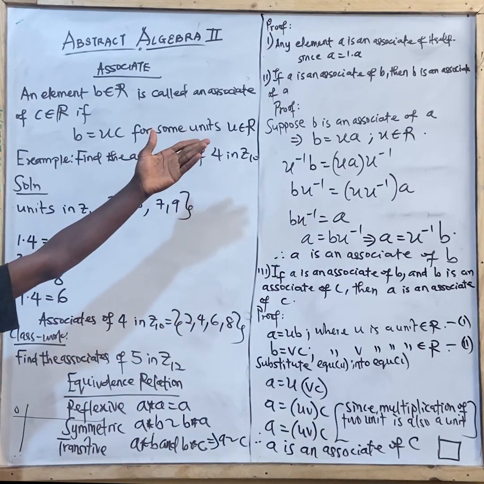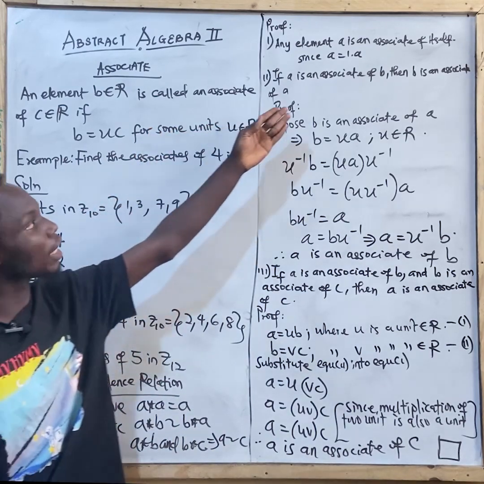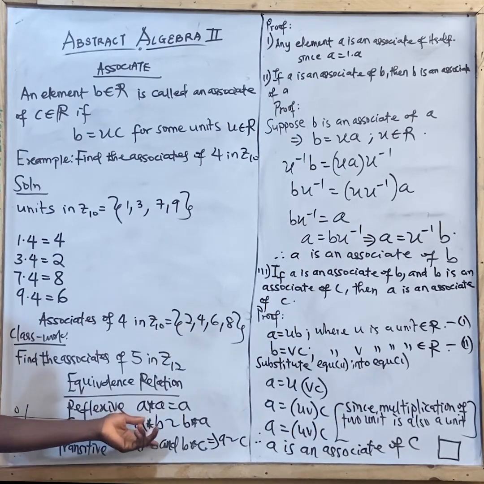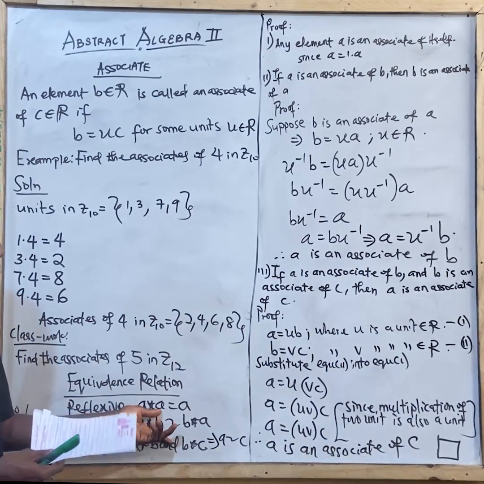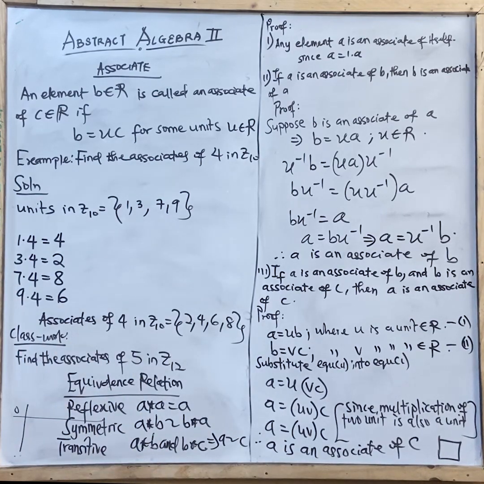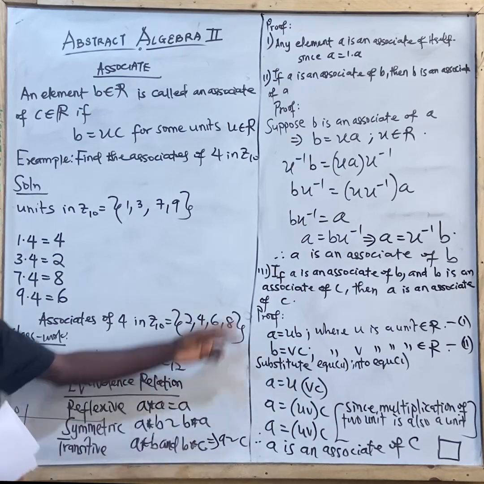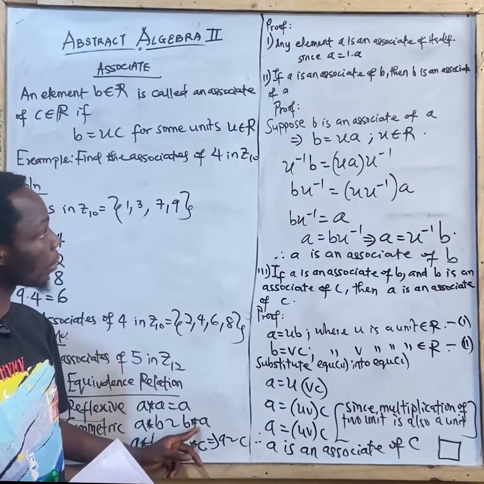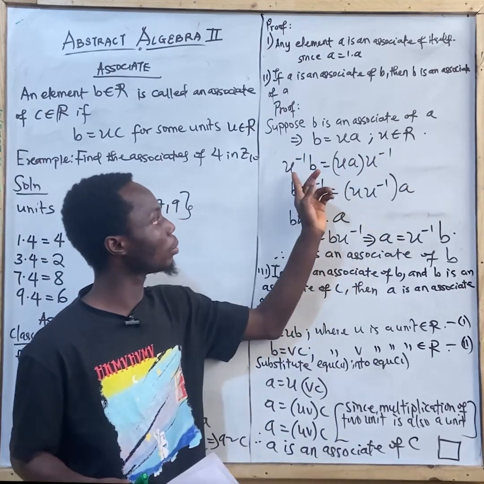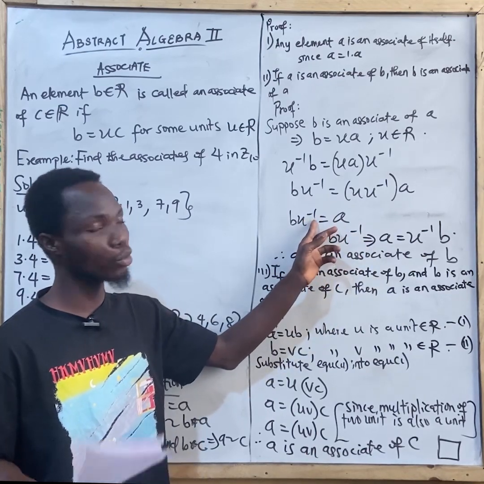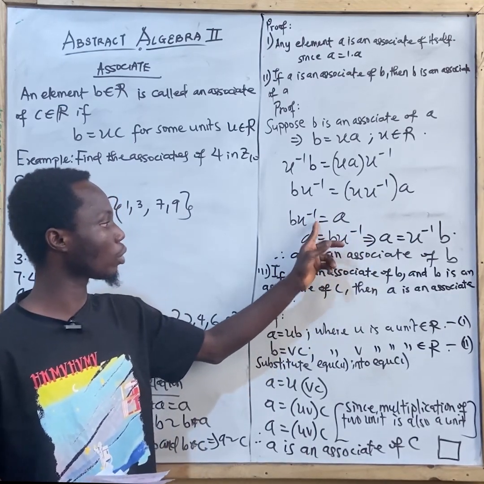Any element A is an associate of itself, since A is equal to 1 dot A. Symmetric: if A is an associate of B, this implies that B is an associate of A. Suppose B is an associate of A, then we multiply by its multiplicative inverse. This U inverse is also a unit.